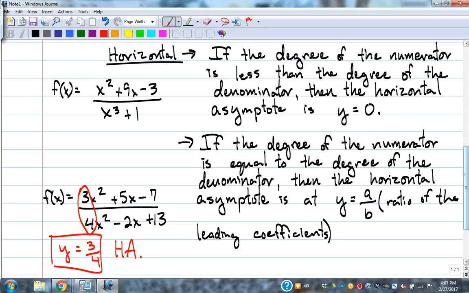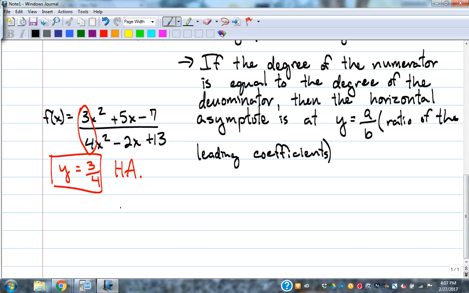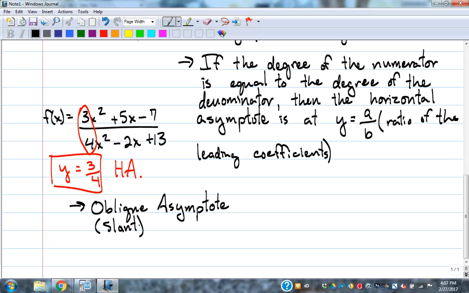Okay. The third type of asymptote that we would have is what's called an oblique asymptote. But you may hear me slip up and call this a slant asymptote. That's what I grew up calling them. Oblique or slant asymptote. If you Google oblique asymptote, you may find websites that call them slant asymptotes.